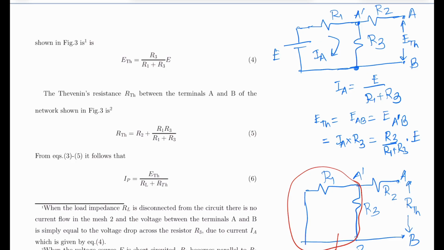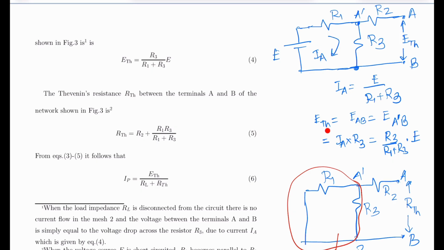So whatever the potential at A dash is the potential at point A, and therefore EAB is also equal to EA dash B, and this is your Thevenin's voltage. So what will be the voltage here? This is the voltage across R3, which is nothing but the current IA into R3. So what is the value of IA? IA is E upon R1 plus R3. This is the current that flows in this mesh.